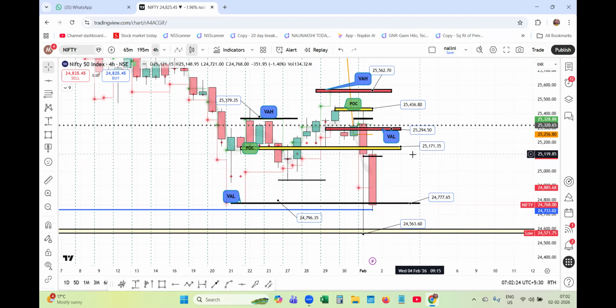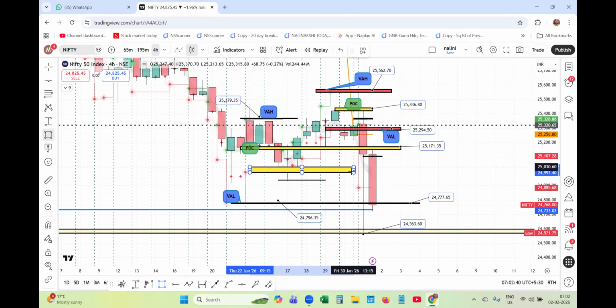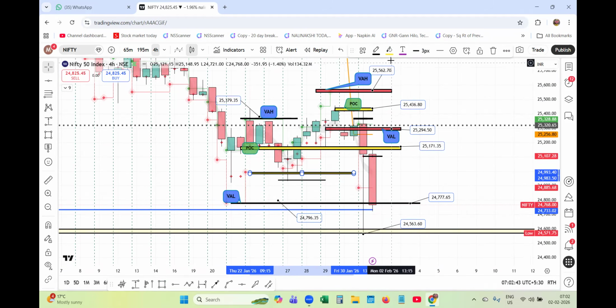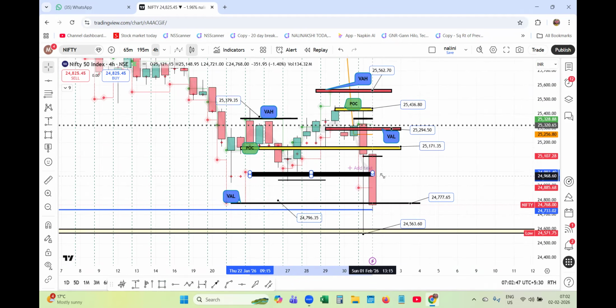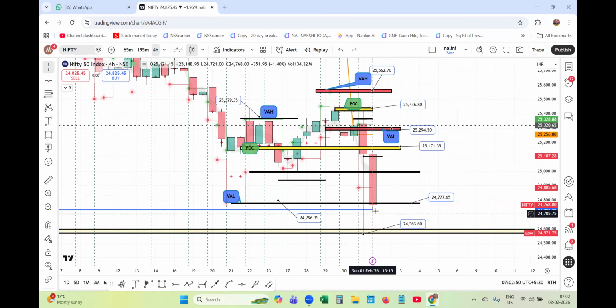Probably the market may try to test the point of control, or otherwise it can test the value area low here, 24,990. So let me make it black. The market can come up to 24,990 or 25,170.